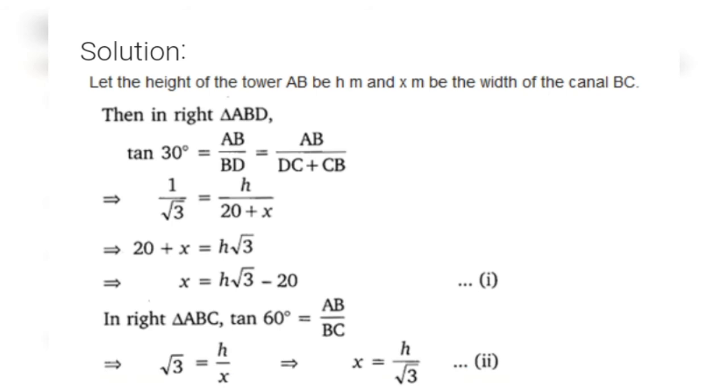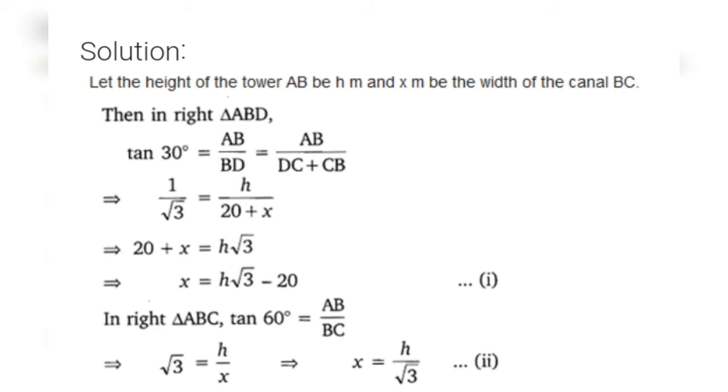Let's consider two triangles, triangle ABD and triangle ABC. In right triangle ABD, here I can apply tan theta. Why can I apply tan theta? Because I need to find the height value, that is opposite side by adjacent side. On applying tan 30 degree, that is 1 upon root 3. So tan 30 degree equals AB upon BD, which is AB upon CD plus CB, that is BD equals BC plus CD.